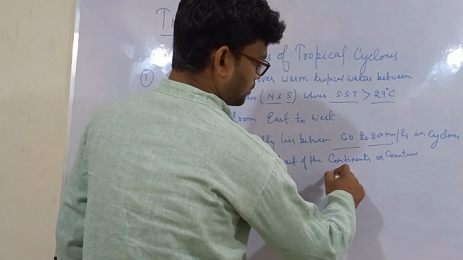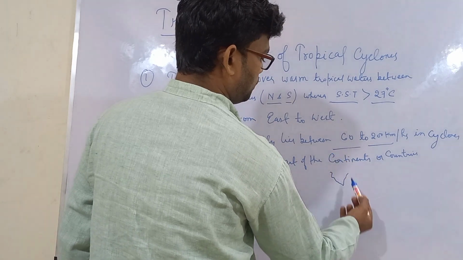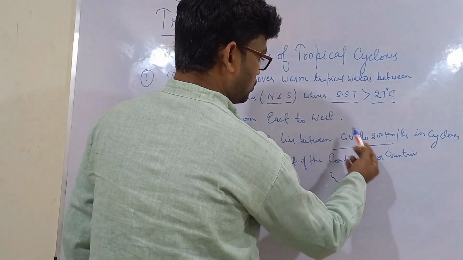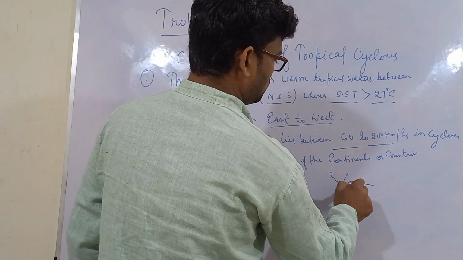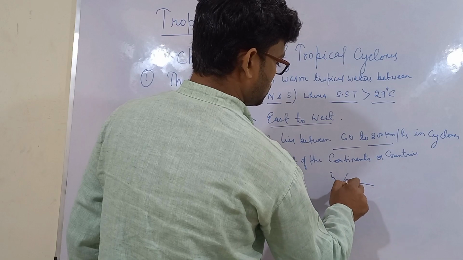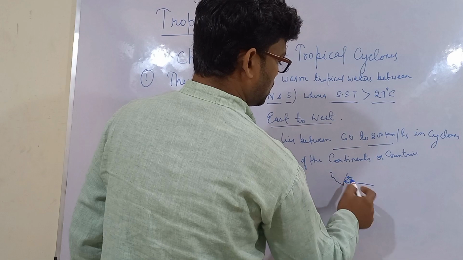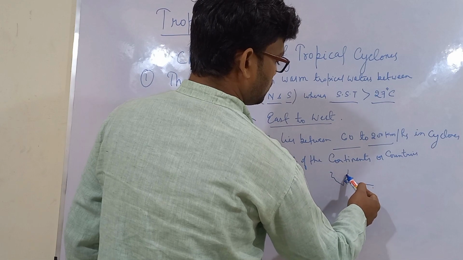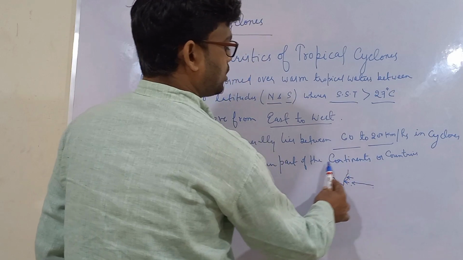For example, this is India, southern portion, peninsula plateau. We know that tropical cyclones move from east to west, means they will be moving from here to this, east to west direction. Then of course, in most of the cases they will strike here on the eastern part of the country or the eastern part of the continent.